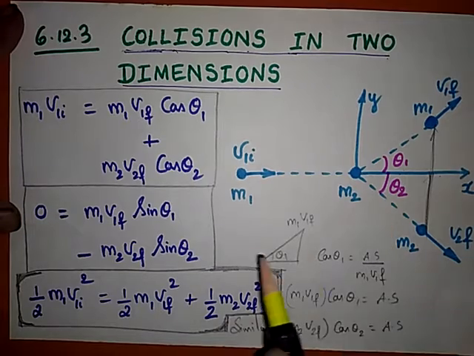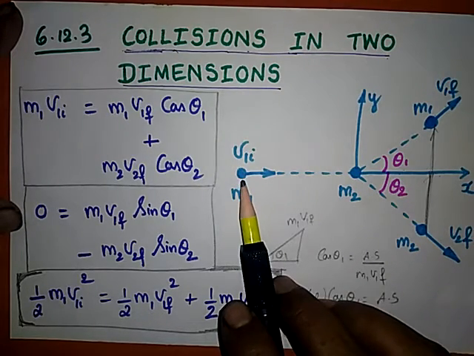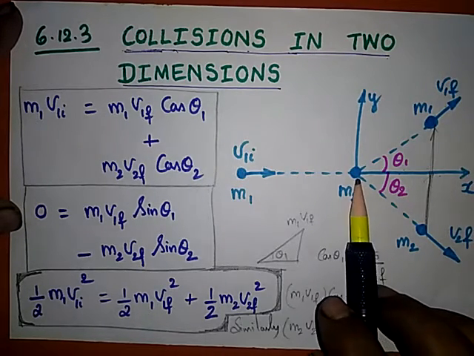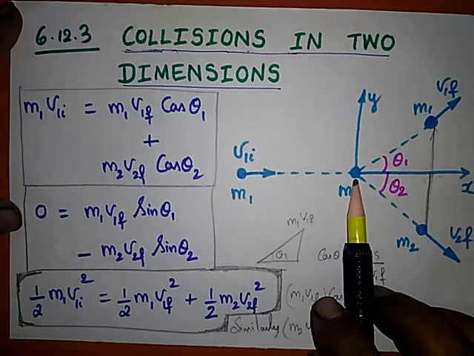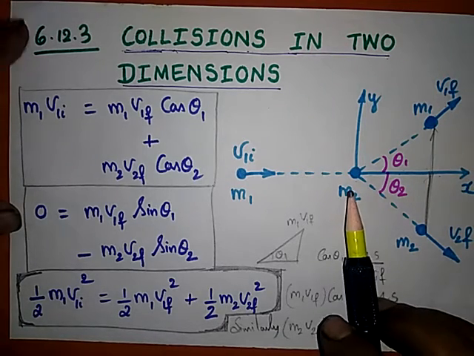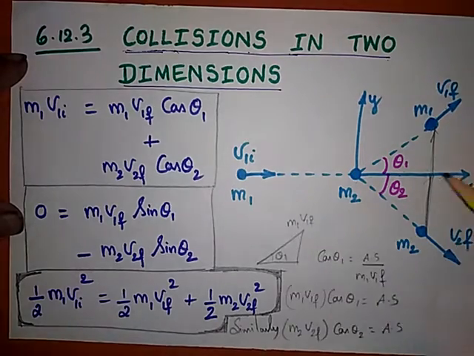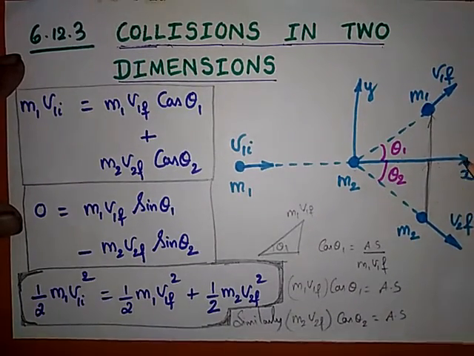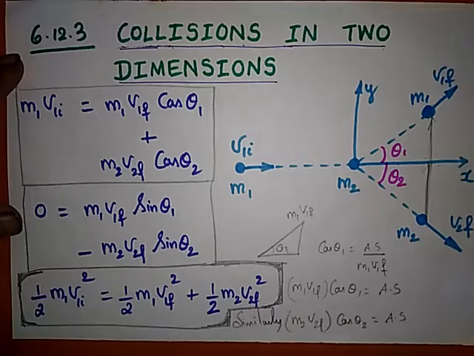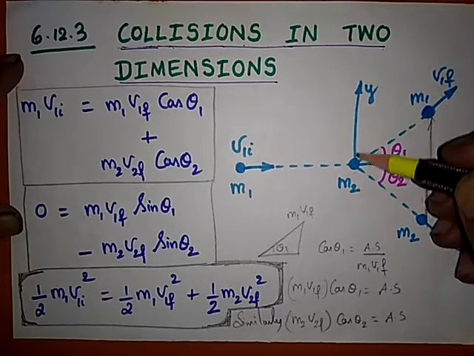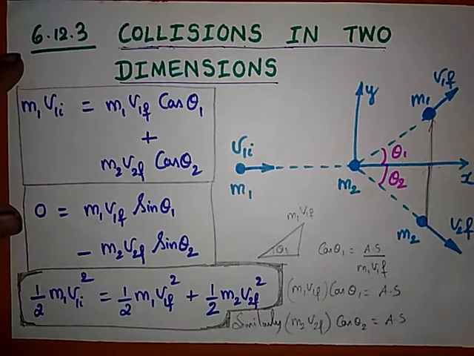As far as object 1 is concerned, when it collides with m2, we have resolved the components along the horizontal and vertical directions. In the vertical direction it is 0.